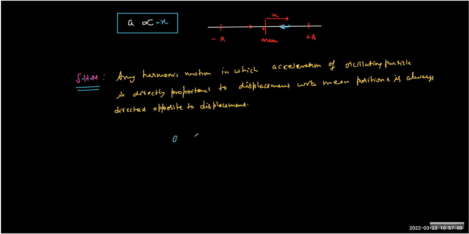So when a is proportional to minus x, it's a mathematical condition. If you remove the proportional sign and use an equal sign, we have to put some constant. I'll put a constant by the name omega square just for the sake of writing. So this is exactly the system. We'll come back to this again later on.